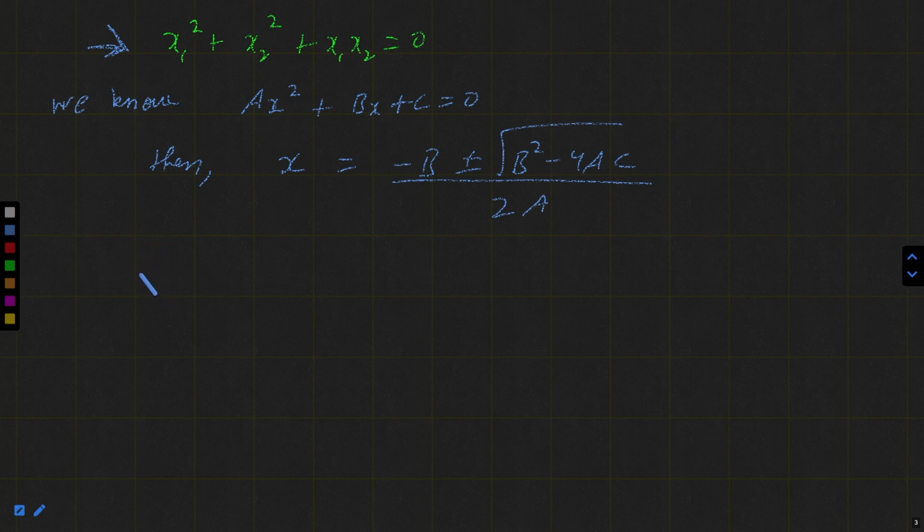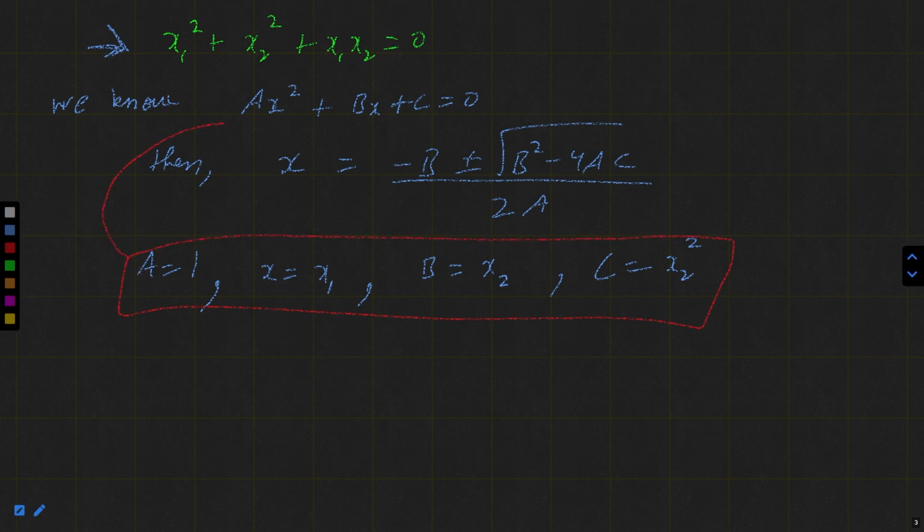Taking a equal to 1, x as my x1, b equal to x2, and c equal to x2 whole square. Now just put all these variables and constants into our standard quadratic equation.